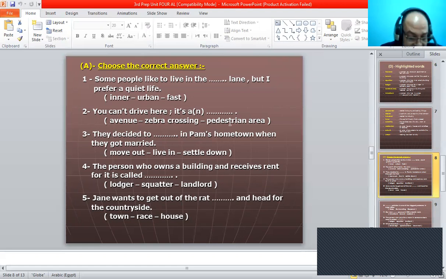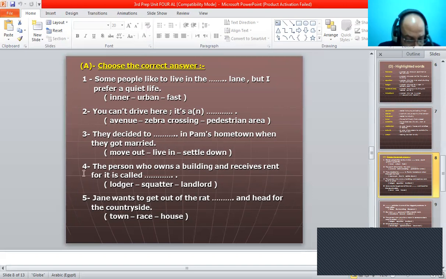Number 3. They decided to settle down in Pam's hometown when they got married. As soon as they married, they decided to settle down. Every answer, I must know why I chose it.